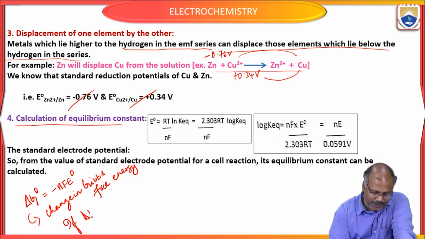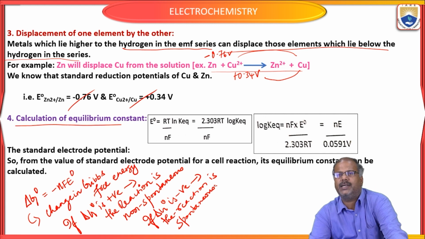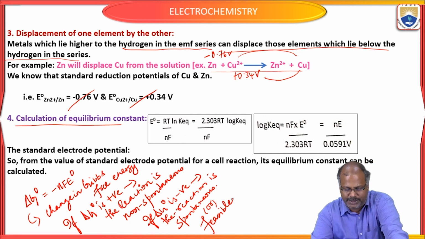If delta G naught is positive, the reaction is non-spontaneous. If delta G naught is negative, then the reaction is spontaneous. We can say spontaneous or feasible. Another word for spontaneous is feasibility.